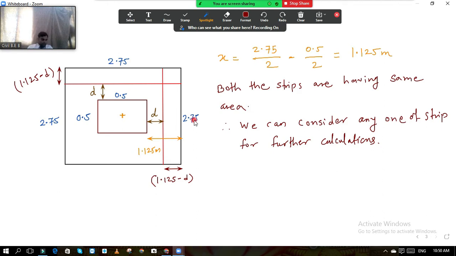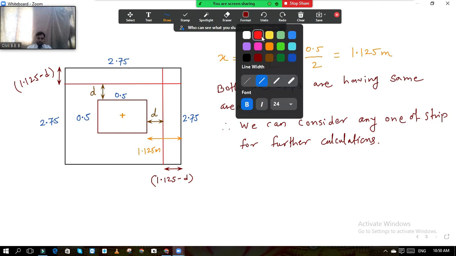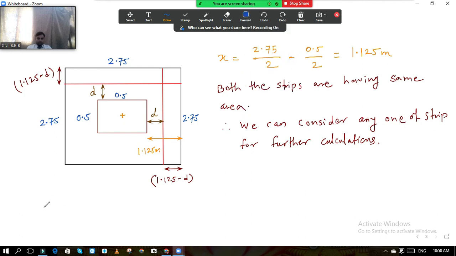Okay, so now we will calculate the shear force Vu. So shear force Vu we want to calculate.